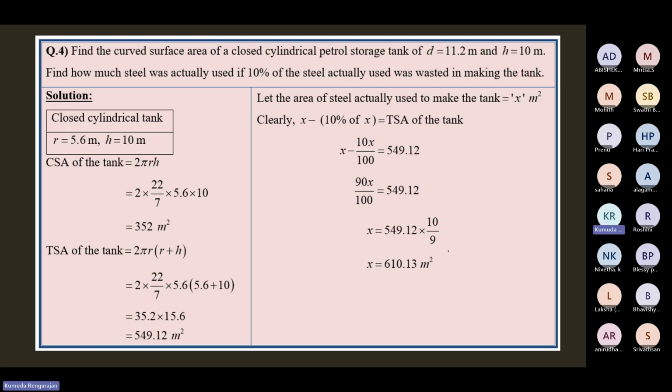So you should purchase so much of steel from the market so that when 10% of this one is wasted, you are left with this one, which is exactly needed to make the closed cylindrical tank of this diameter and this height.